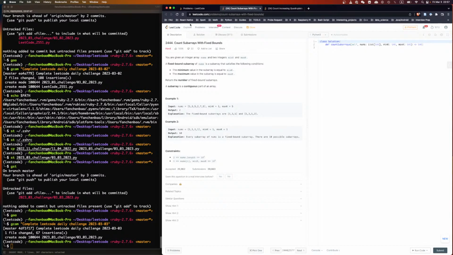Now we need to know, but can we just sort the indices of the two? Can we do that? I mean, why not? Like for the min, I have a bunch of indices.